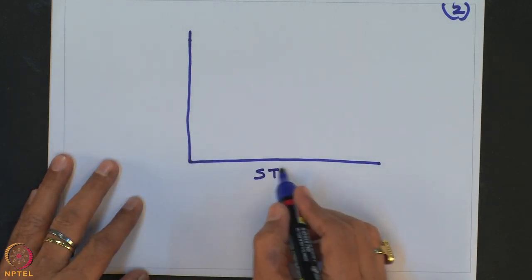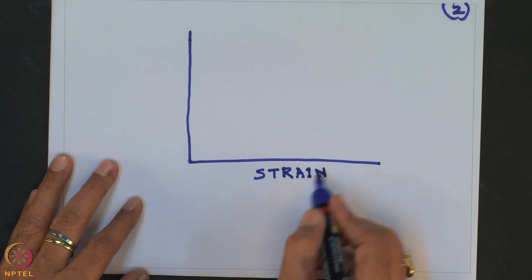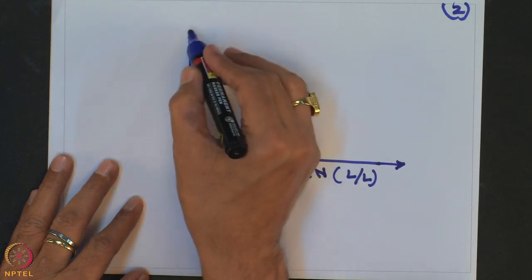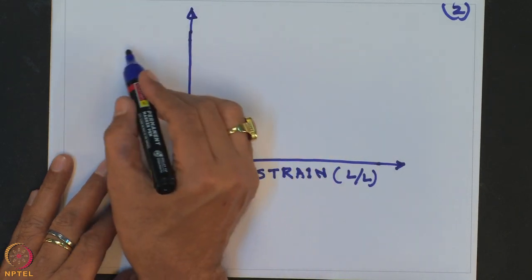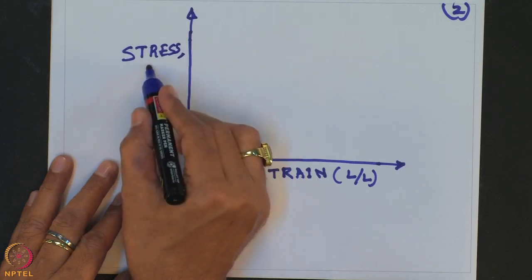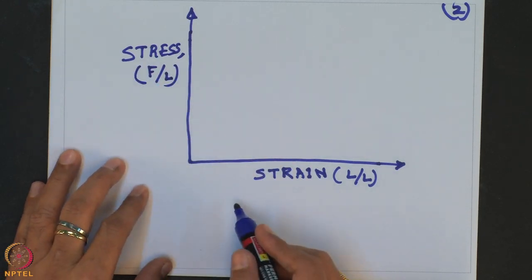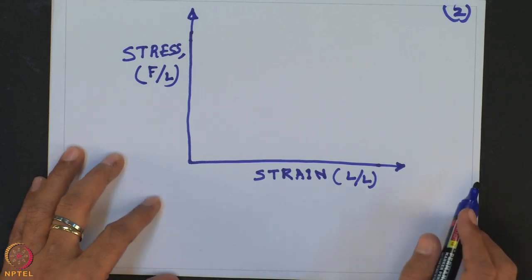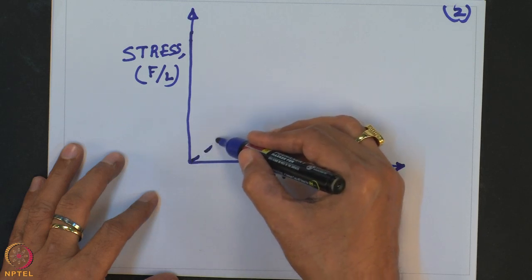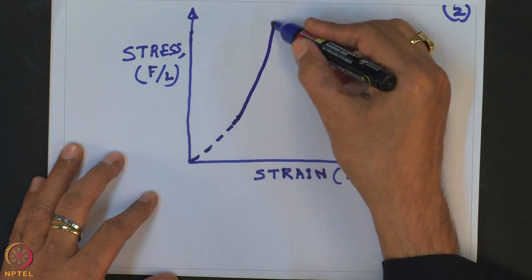So, suppose this is the strain and this is the stress, that is F by L. You can have the curve of the geosynthetic material like this.